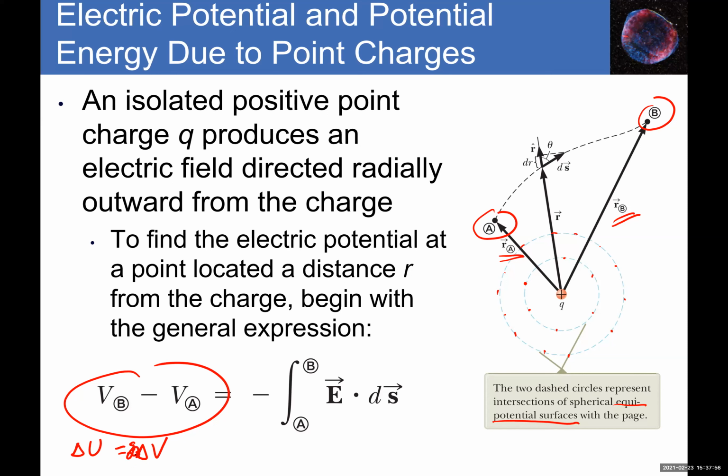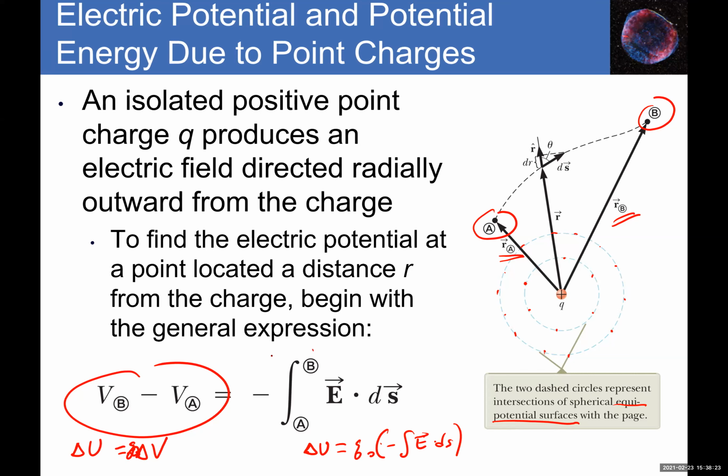So q naught times delta V gives the change in potential energy for that test charge going from A to B. Equivalently, I can calculate the change in potential energy, delta U, by calculating q naught times this integral, negative E dot ds. There are two ways I can use that information to calculate electric potential energy.